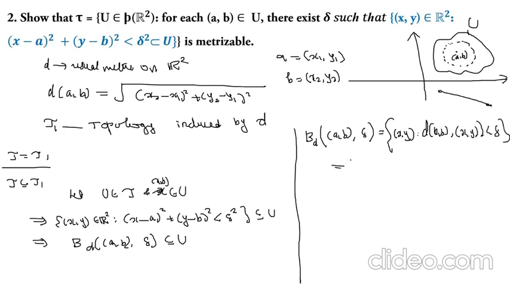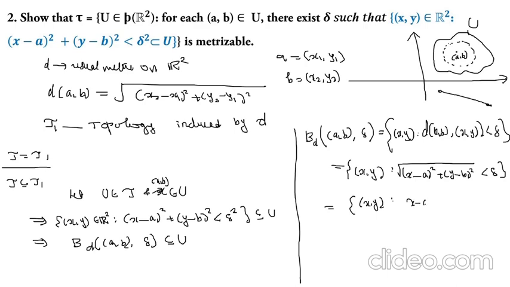This is the collection of all those (x, y) such that the metric, the square root of (x minus a) whole square plus (y minus b) whole square, is less than delta, which is equal to the set of all (x, y) such that, taking square, we get (x minus a) whole square plus (y minus b) whole square less than delta square.